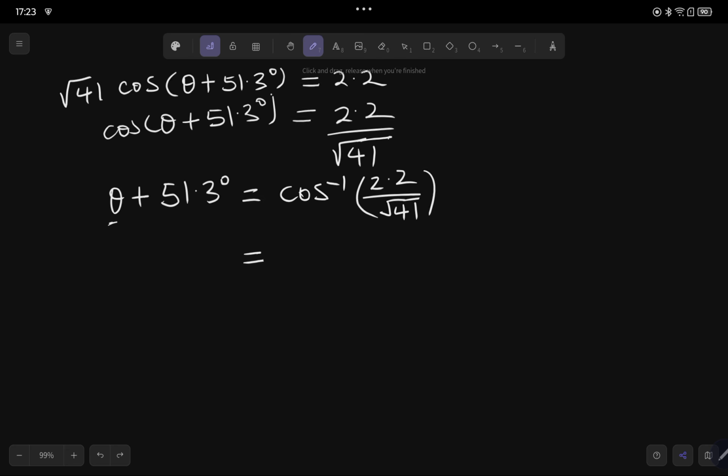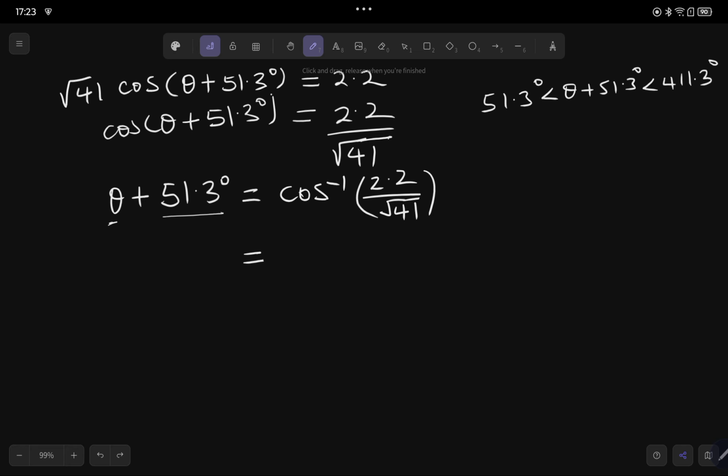But now there is a plus 51.3, which means we shall add this value to the lower limit and the upper limit. The lower limit was 0, now it will be 51.3, and theta plus 51.3 goes up to 360 plus 51.3, which is 411.3.